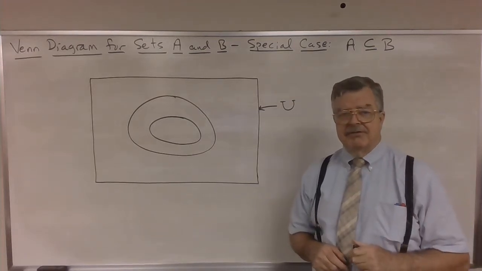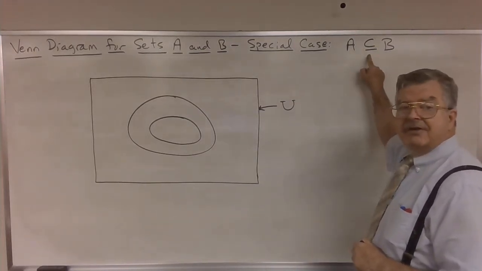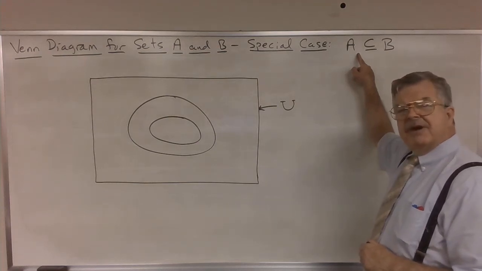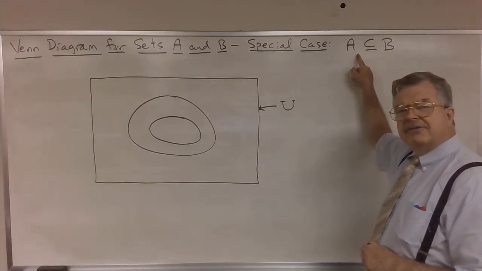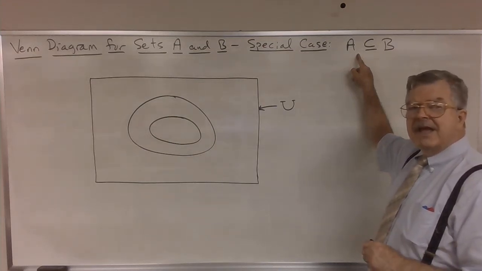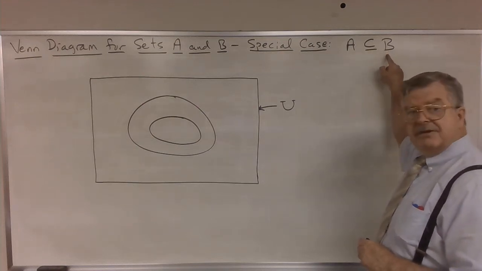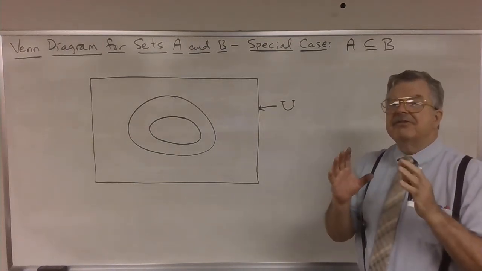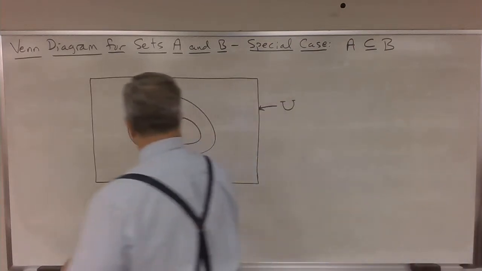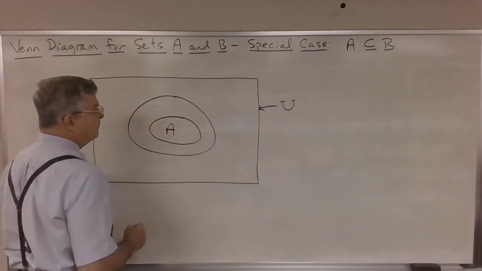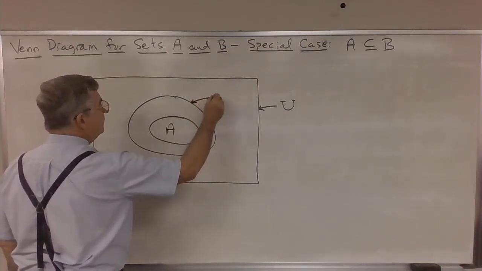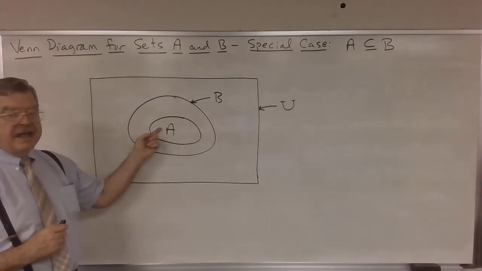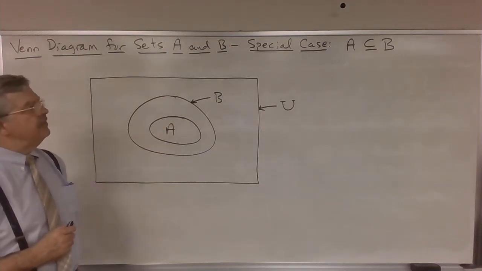And that special case is when A is a subset of B. Now remember what it means for A to be a subset of B. If A is a subset of B, then every element of A is also contained in set B. And so it really means that set A is inside of set B. So we'll call this set A, and this thing we'll call set B. We've drawn the Venn diagram in such a way that set A is contained inside of set B.